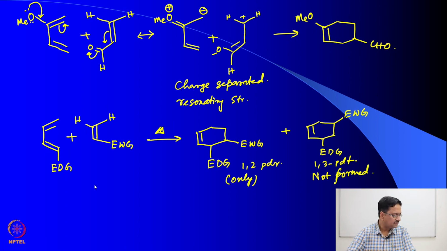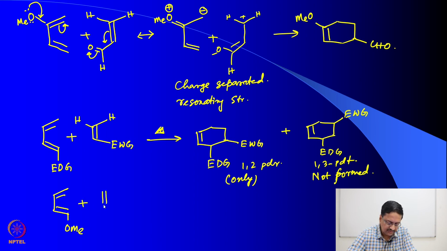So, if you try to draw the charge separated structure for this type of compounds, where you may have a methoxy group present and you have an aldehyde group present on the dienophile, then the charge separated resonating structure would look like this.